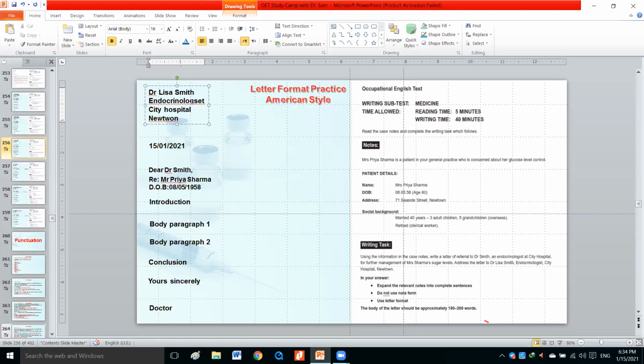After the G, we add I, and remove this E. City Hospital: the first letter H of Hospital should be a capital letter. Newtown is right.